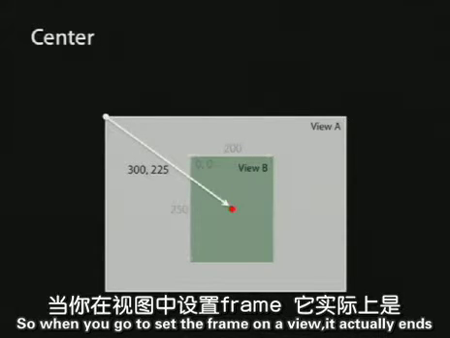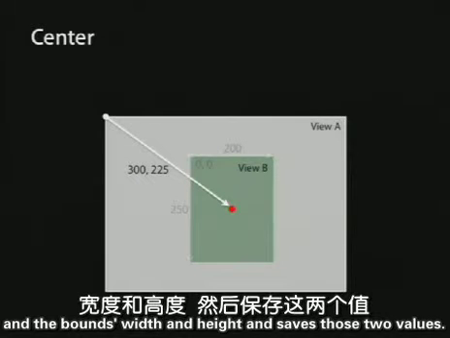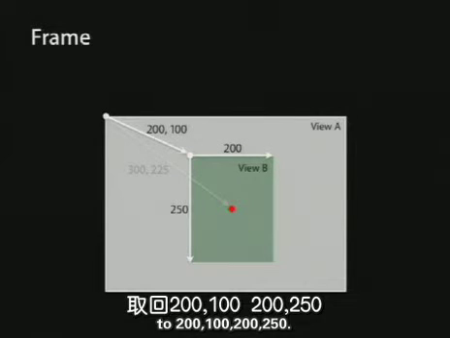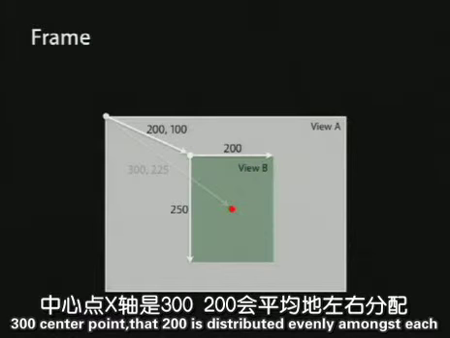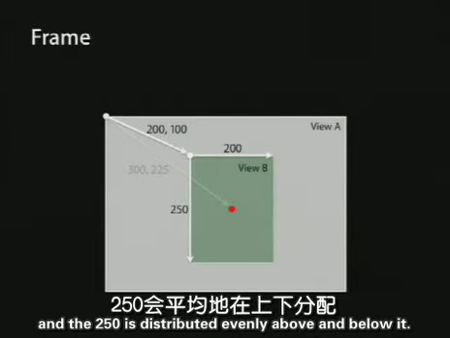So when you set the frame on a view, it figures out what the center point would be and the bounds width and height, and saves those two values. In this case, that's how we get back to 200, 100, 200, 250. With the 300 center point, that 200 is distributed evenly amongst each side, and then 225 is the vertical center point, and the 250 is distributed evenly above and below it.